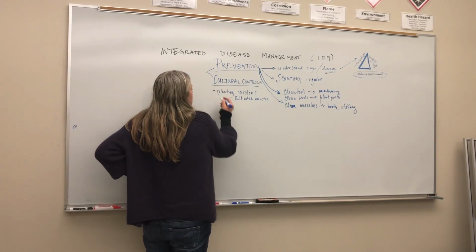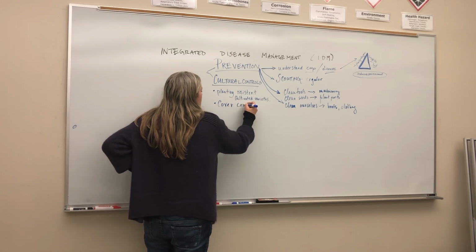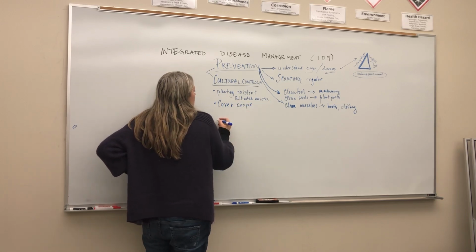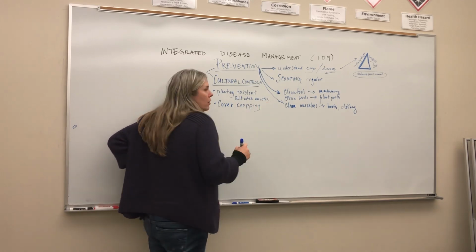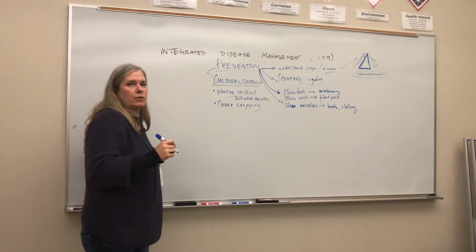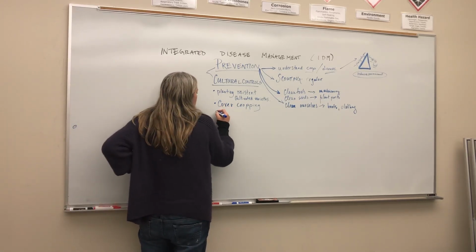What else? Big one, cover crops. Cover cropping, let's say. So you work a regular cover cropping into your field plan. What else? Starts with a C. Crop rotation.